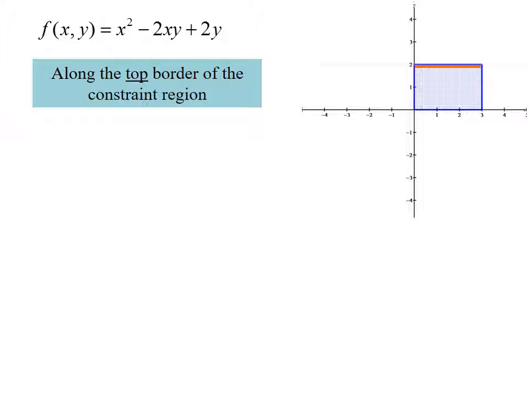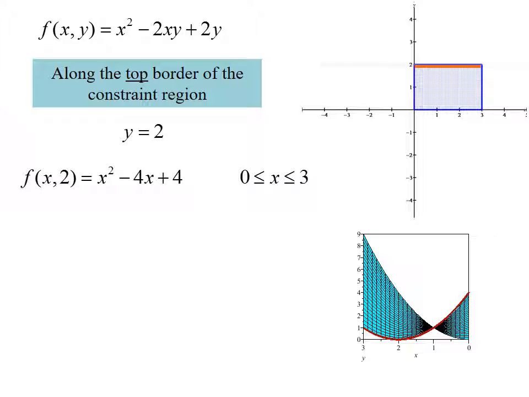Now we'll do the same thing for the top border. Notice the top border is y equals 2. So if we take our function, substitute a 2 for y, we get this. Now that's in the plane y equals 2. And so we're looking at an xz coordinate system in the plane y equals 2.